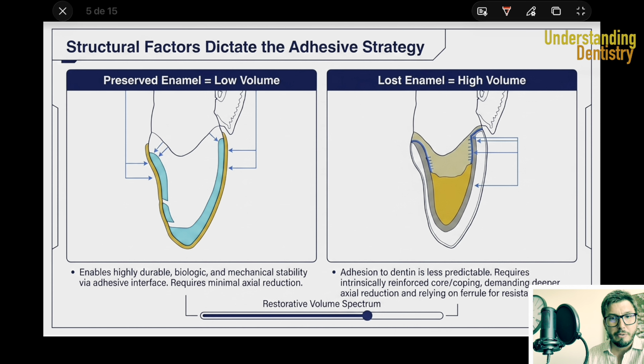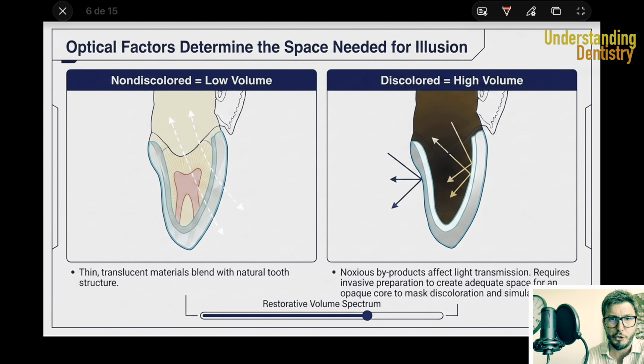We have now the preserved enamel where we need a low volume of material. If you lost enamel, then we need a high volume material because the adhesion in dentin is not so favorable. So don't forget this. This is one of the main reasons here, just summarizing for you guys. Optical factors, take a look at this, just like I told you.